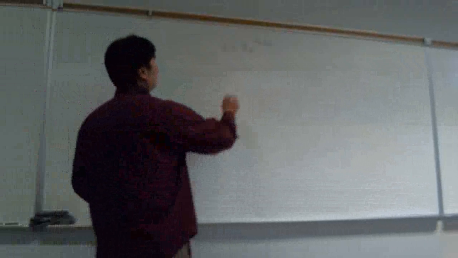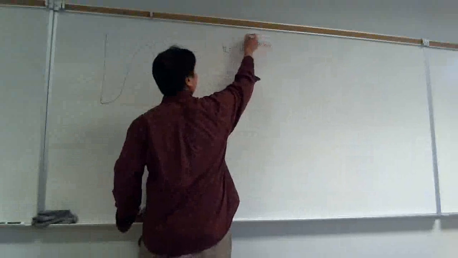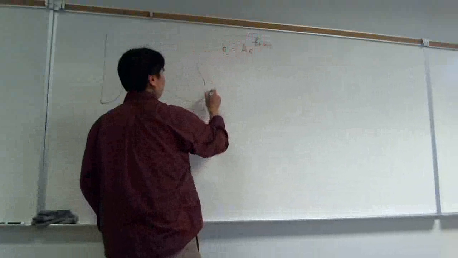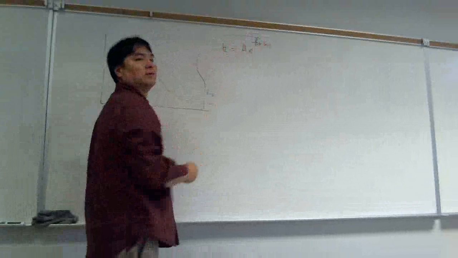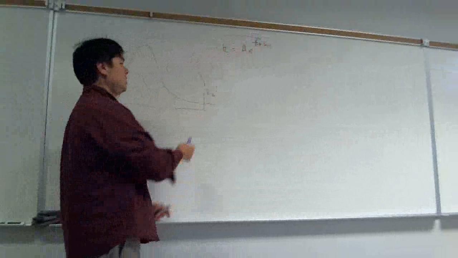Where does EA occur on the Maxwell-Boltzmann distribution? There's some kind of cutoff here, right? In energy. Somewhere. It depends. This changes depending on what?